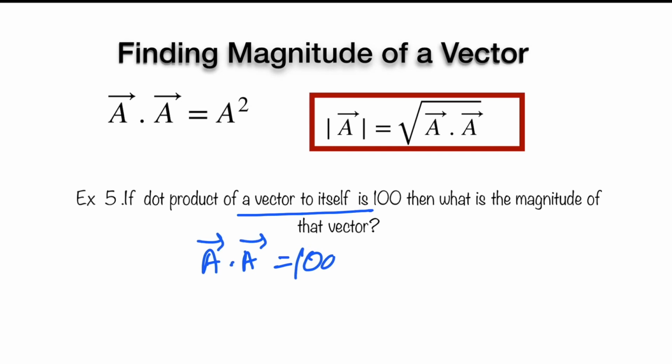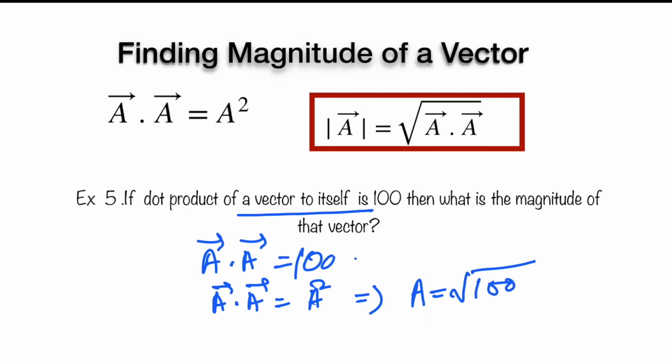So what is the magnitude of that vector? Here we know that A dot A is equal to A squared. So the magnitude of the vector is the square root of A dot A, which is the square root of 100 in this case. So magnitude of A is 10, and that is the answer. In this way we can find out the magnitude of a vector by using a self dot product.